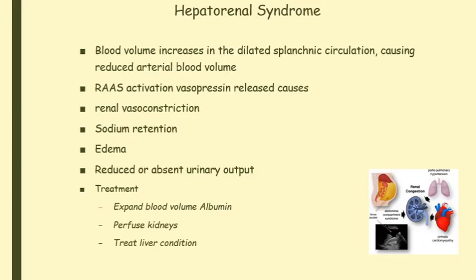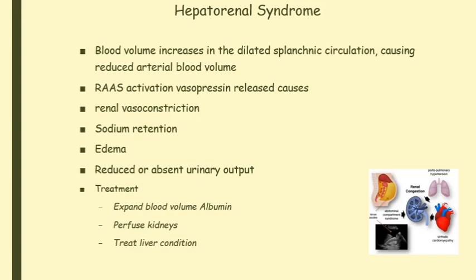As we continue, hepatorenal syndrome. We are back again on page 890. Page 890, hepatorenal syndrome. With this, it's a complication of advanced cirrhosis that occurs as blood volume increases in the dilated splenic circulation, causing reduced arterial blood volume.